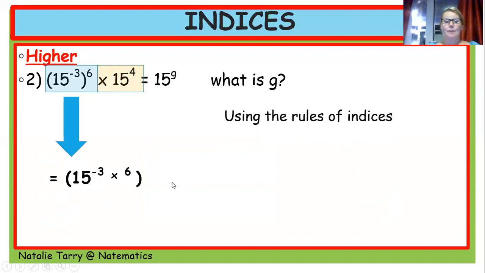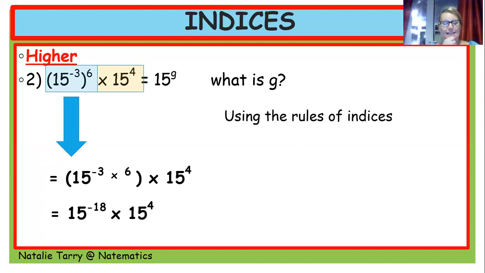And then the second part, we can't do anything with that right now. So let's just simplify this then. We've got a negative number times a positive number, which makes it negative, and then 3 times 6 is 18. So it's 15 to the power of minus 18 times 15 to the power of 4.